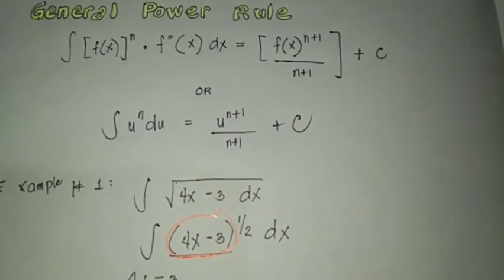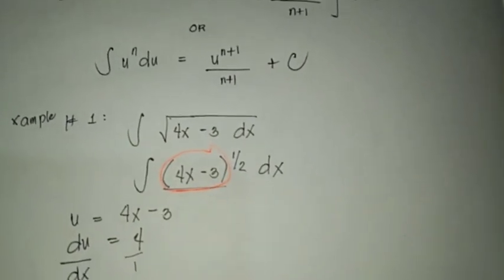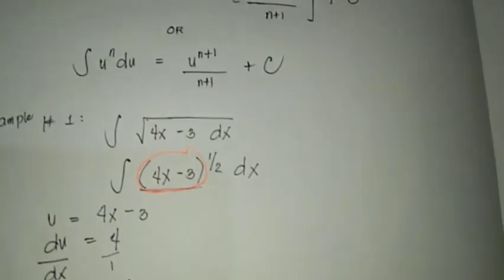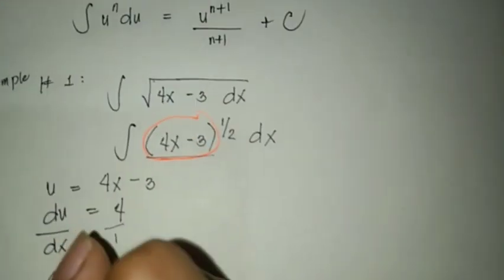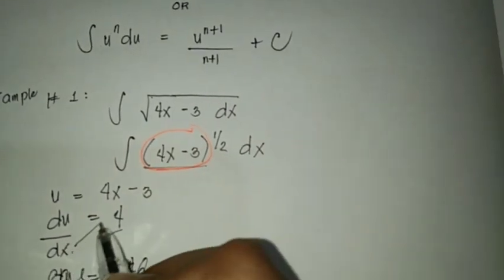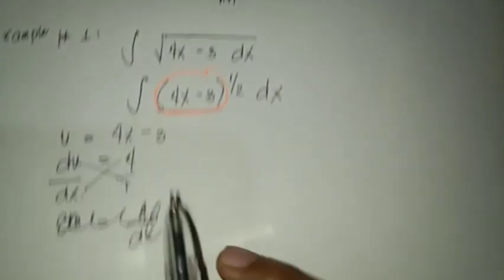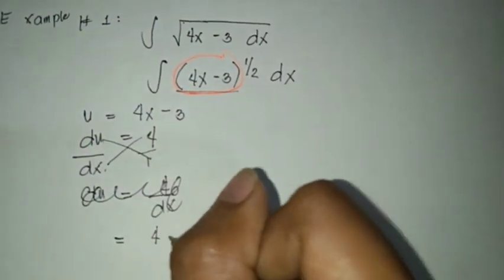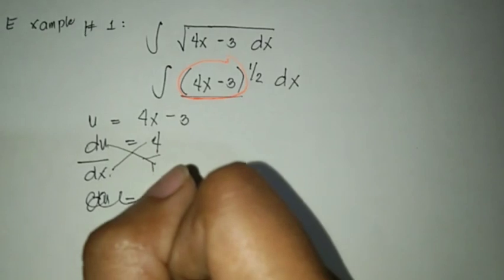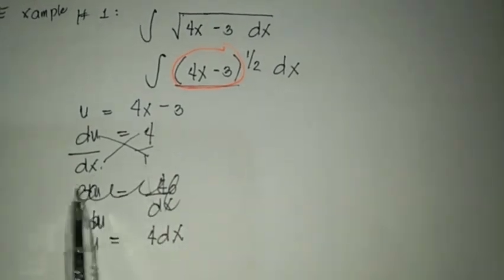After finding du, the next thing is to find the value of our dx. Since we multiply du by 4, we have 4 dx equals du. I'm so sorry for the errors.